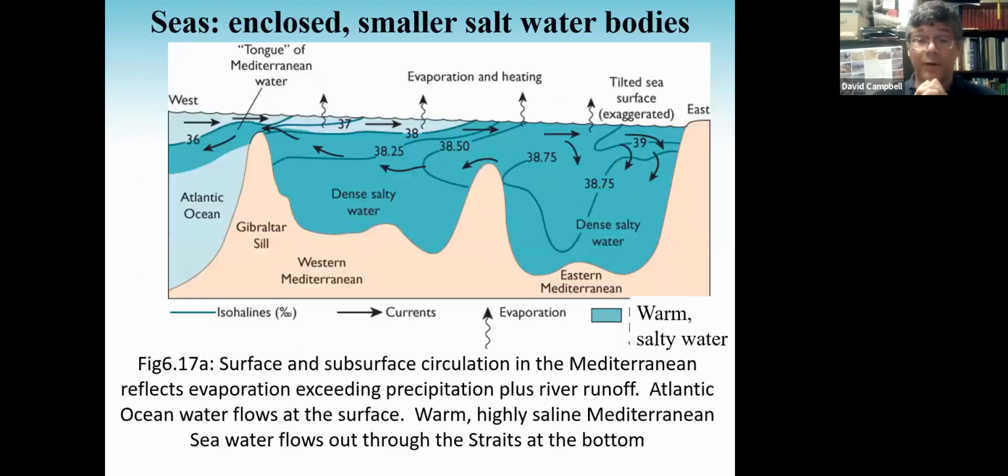So you get different patterns. For example, the Mediterranean, already mentioned, relatively enclosed, relatively warm and sunny, and so it has rather warm and salty water in it.